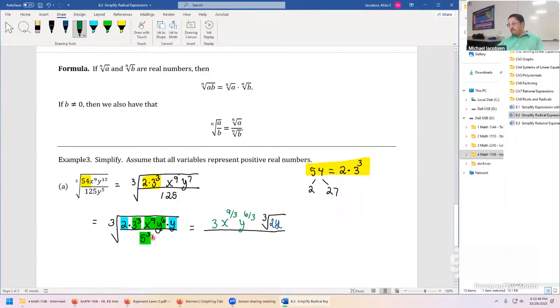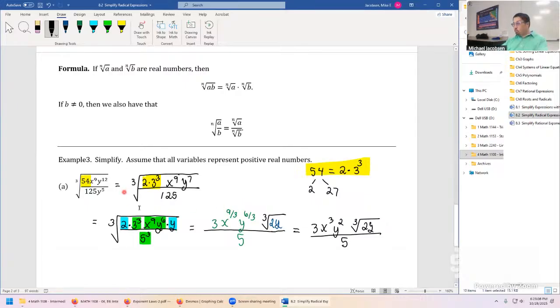In the denominator, the index of 3 divides into the power 3 here and leaves behind just a 5. So last step we can take just to clean this all up is do those two divisions. The answer to this is 3x cubed y squared times the cube root of 2y, divided by 5.